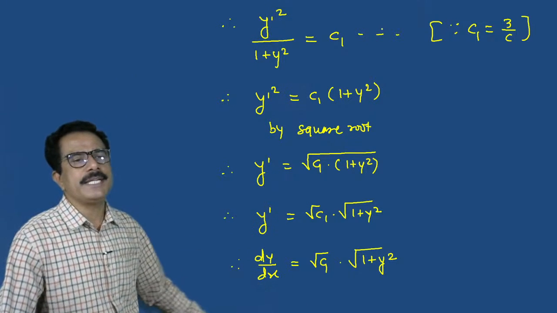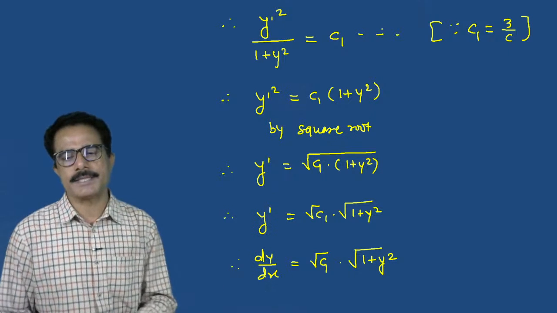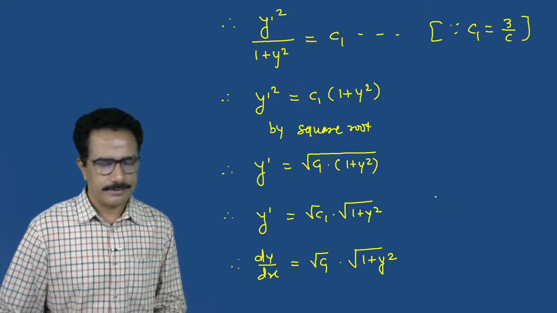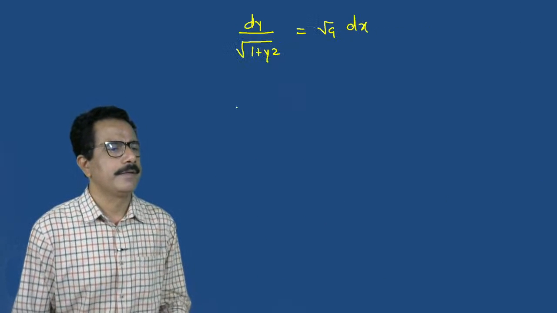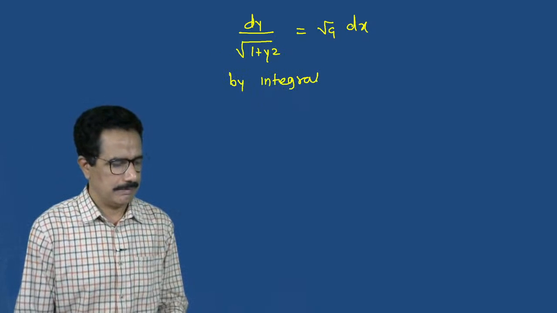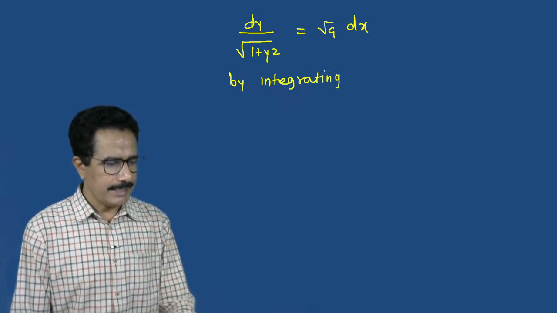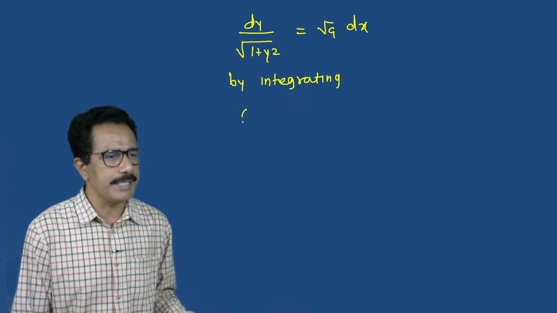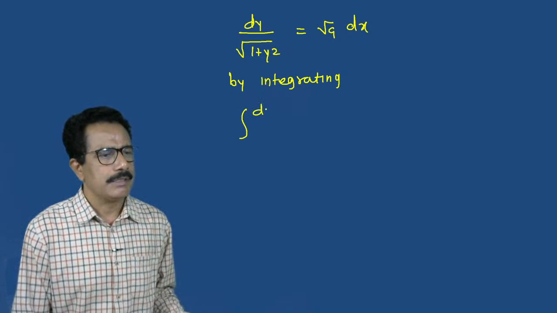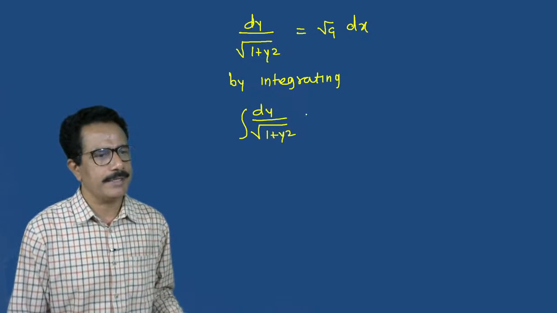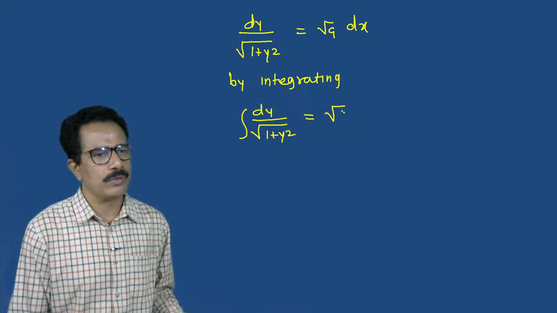We are separating the variables because we have to take the integration. So by integrating, the integration of dy divided by root of 1 plus y square is equal to root of c1 into dx.